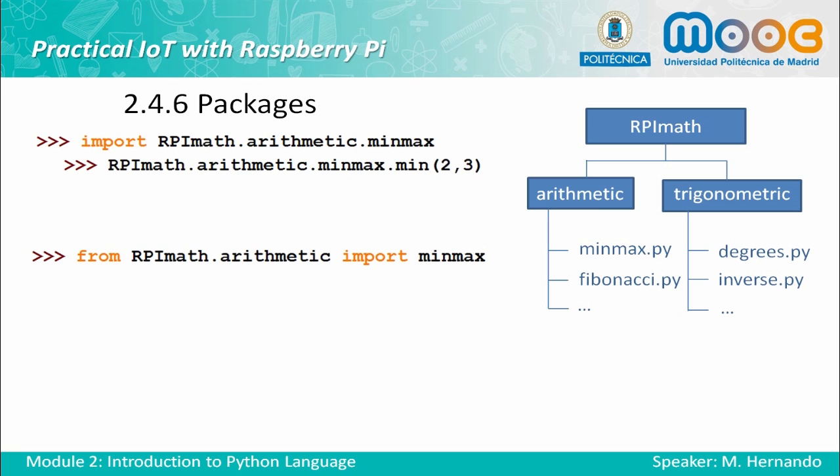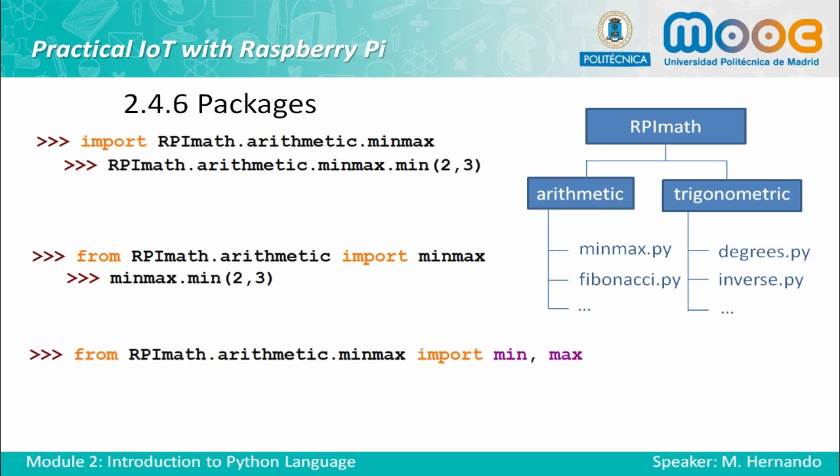This also loads the submodule and makes it available without its package prefix, so it can be used as follows. Yet another variation is to import the function or variable directly: from rpimath.arithmetic.minmax import min, max. Again, this loads the submodule, but this makes its functions min and max directly available.